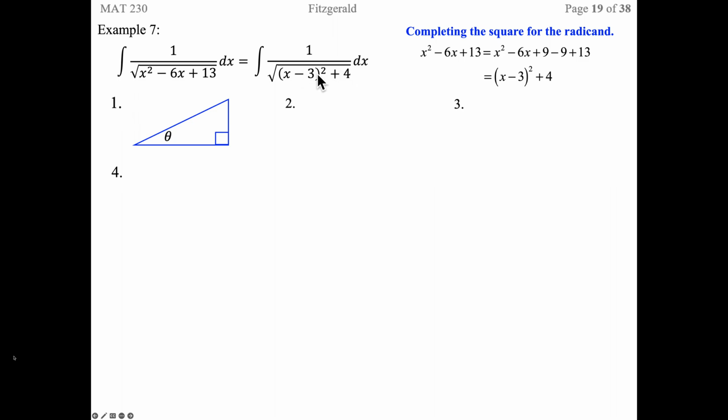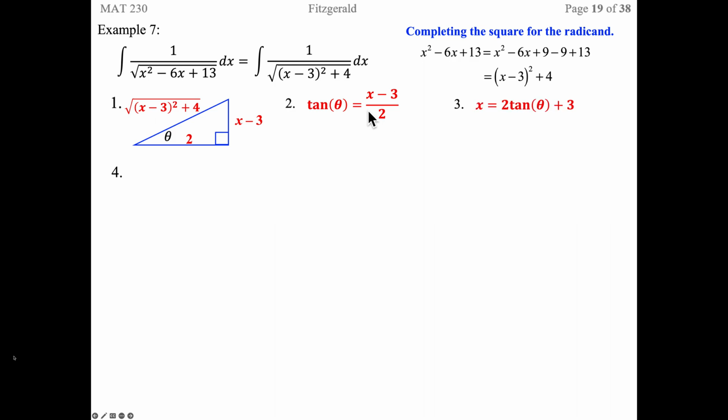So we're adding the two perfect squares, which means this whole square root is my hypotenuse. And so again, across from theta, you're going to want to put your x minus 3, and we'll put the square root of 4, which is 2, on this leg. Looking at these two sides, tangent of theta equals x minus 3 over 2.